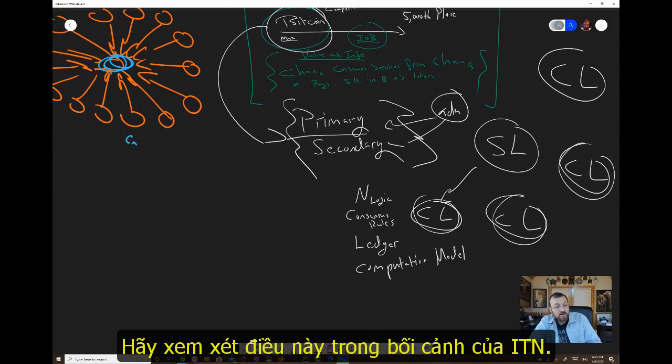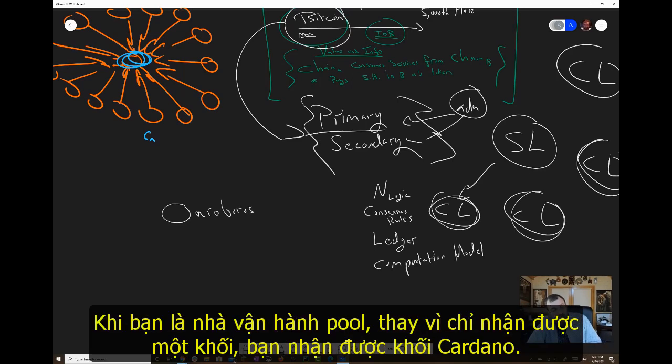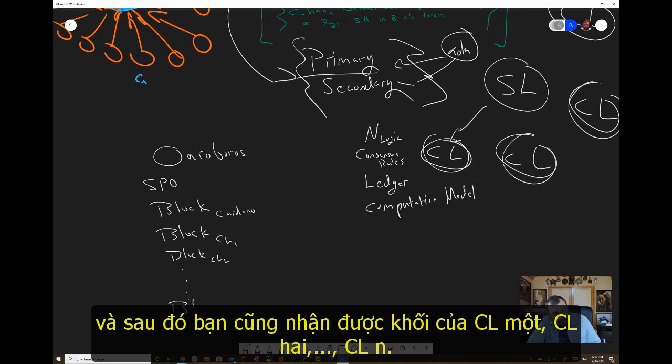So let's look at this in the context of the ITN. Let's say that we modify Ouroboros. And now, when you're a stake pool operator, instead of just getting one block, you get block Cardano, but then you'd also get block CL1, block CL2, block CLN.